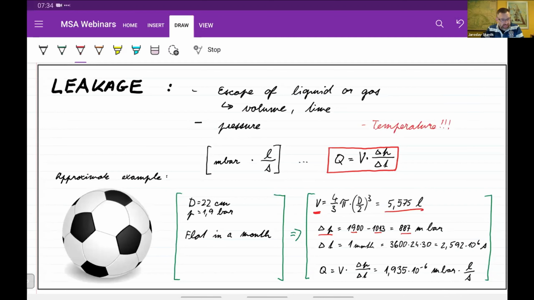It's rather strange units. It is not units of flow, which is volume over time. There is also that pressure component in leakage. So leakage is not just a flow.